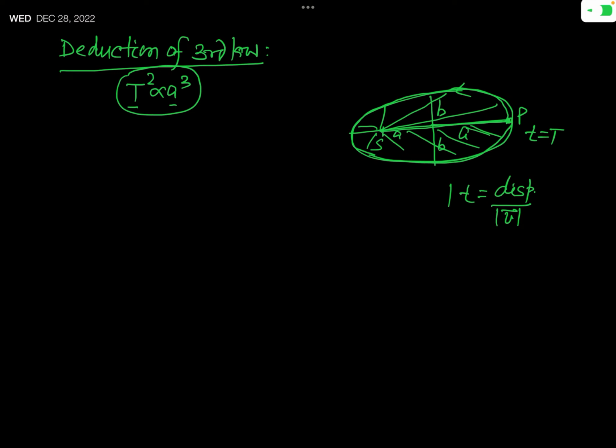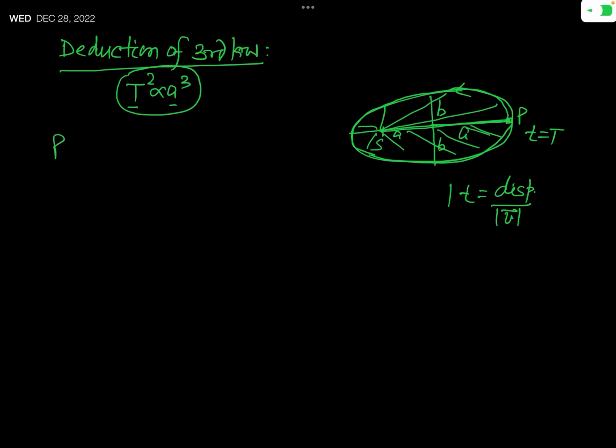Similarly, if you want to find the time taken by the radius vector in one complete revolution, you should divide the area described by the radius vector in one revolution by the modulus of the areal velocity.